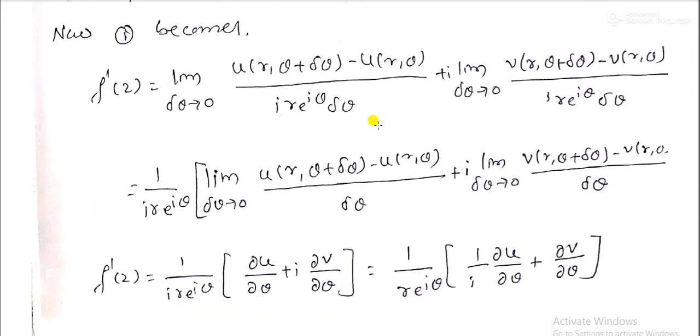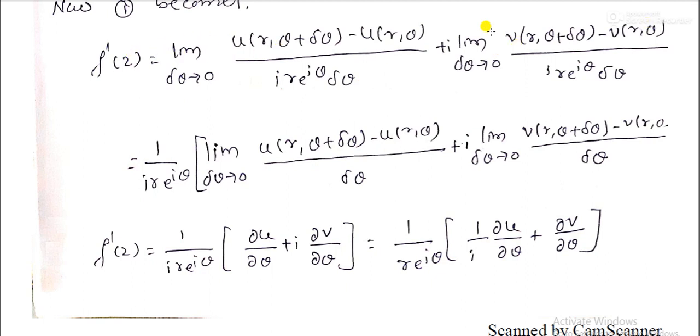So f dash of z is equal to limit delta theta tends to 0 of u of r comma theta plus delta theta minus u of r comma theta, divided by i into r into e raised to i theta into delta theta, plus i into limit delta theta tends to 0 of v of r comma theta plus delta theta minus v of r comma theta, the whole divided by i into r into e raised to i theta into delta theta.